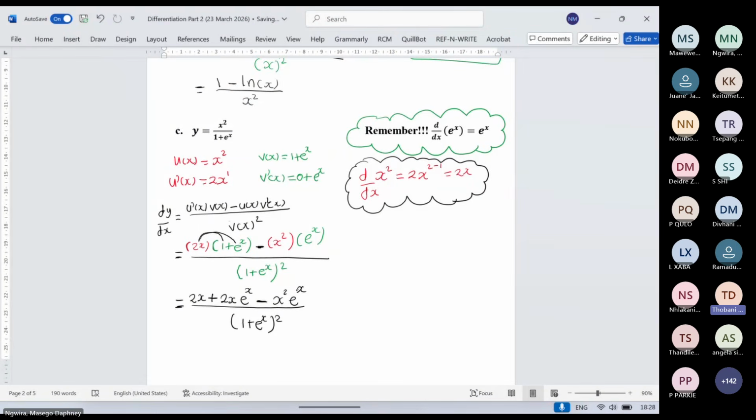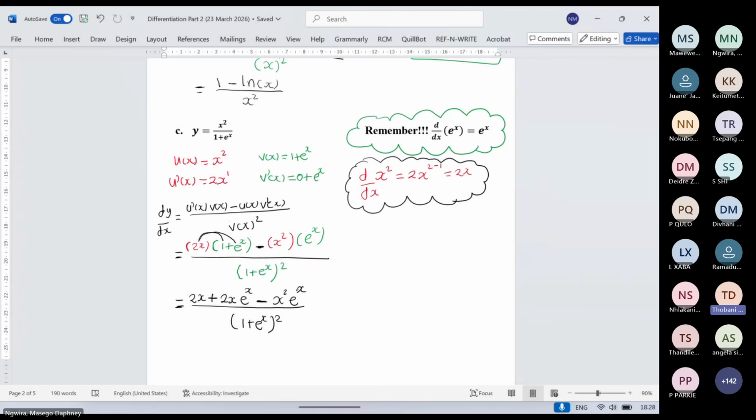I'm coming to number C. The function is y is equal to x squared over 1 plus e to the power of x. E to the power of x, not ex. Oh, okay, sorry. It's just an exponent.